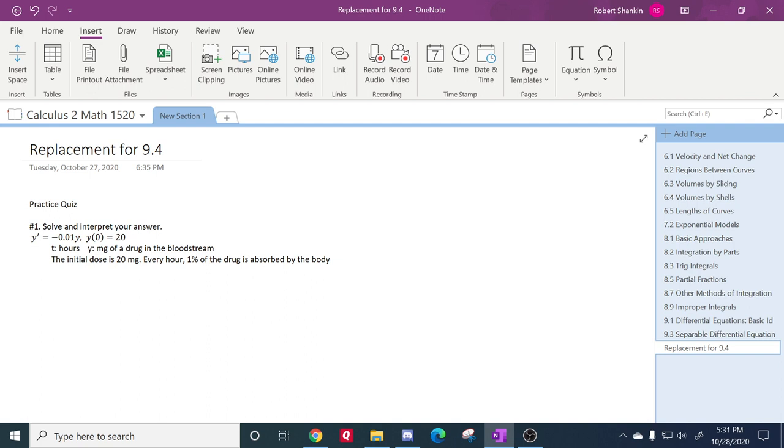So number one, solve and interpret your answer. There's a differential equation with an initial condition. There's a situation, what things represent. So solve this differential equation with this initial condition. It's called an initial value problem. And very important though, when you're done, interpret your answer. So a solution of a differential equation is a function y.